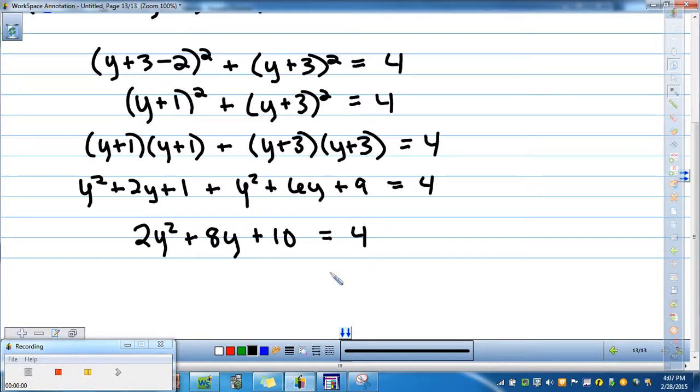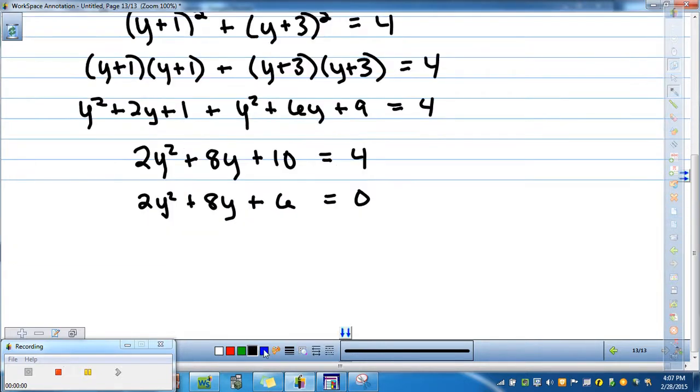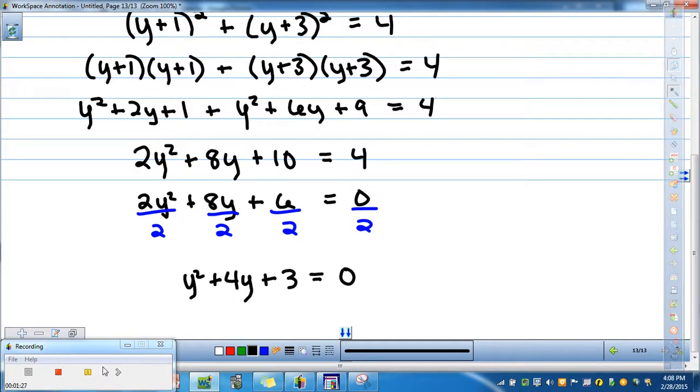And we want to subtract 4 from both sides to get it equal to 0. 10 minus 4 is 6. Because all of our coefficients, all of our numbers here are even, we can divide everything on both sides by -2, giving us y squared plus 4y plus 3 equals 0.